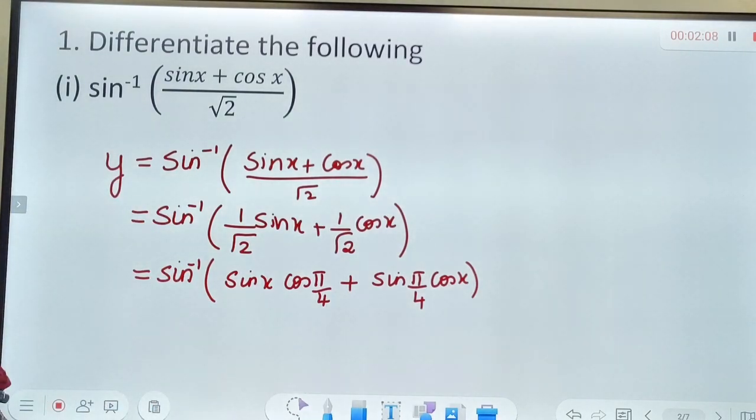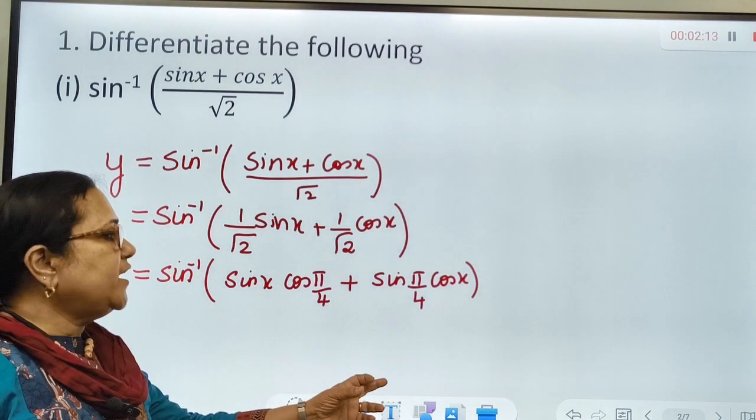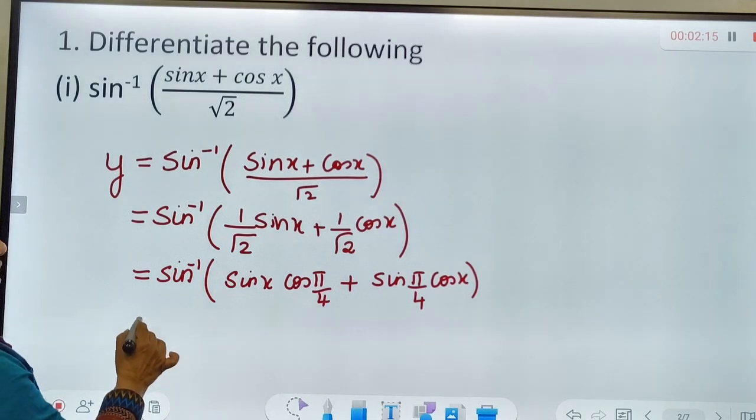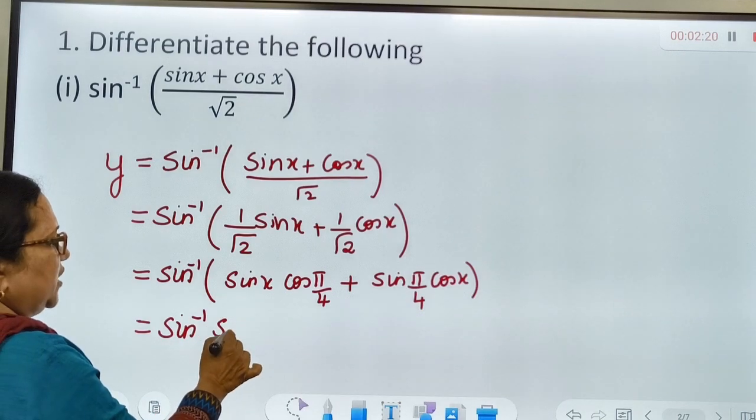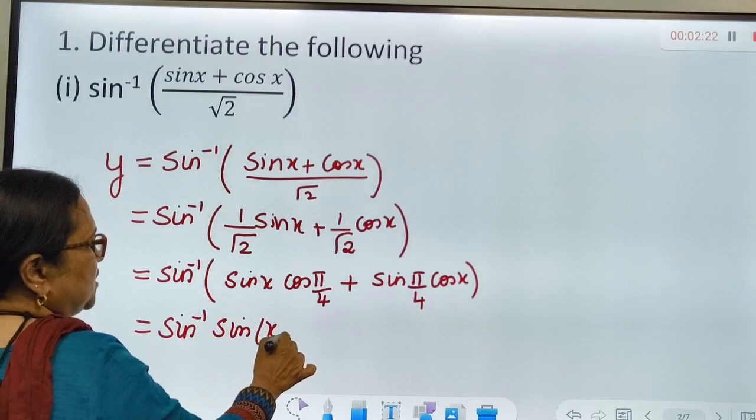So the function is simplified to sin inverse of sin A cos B plus cos A sin B, which is sin of A plus B. So I can write it as sin inverse sin of x plus pi by 4.